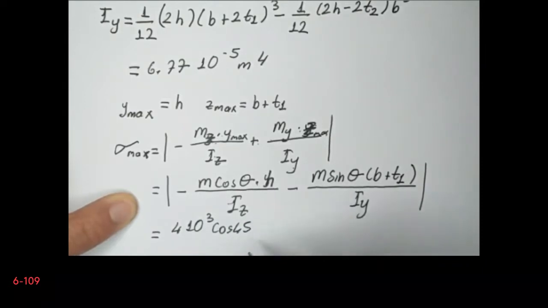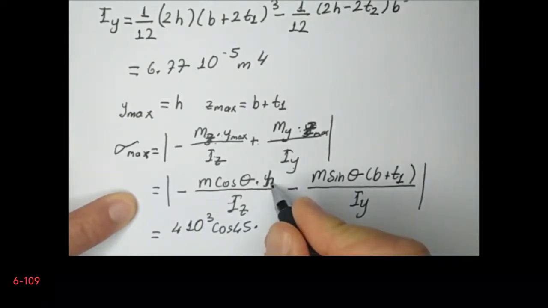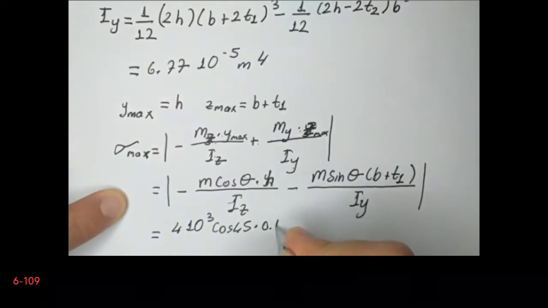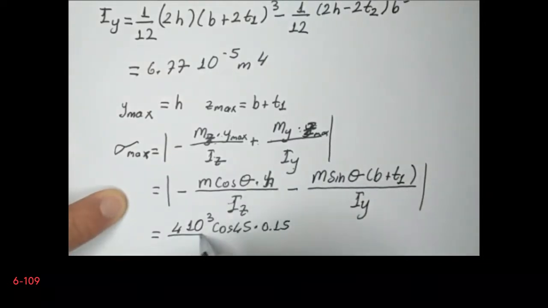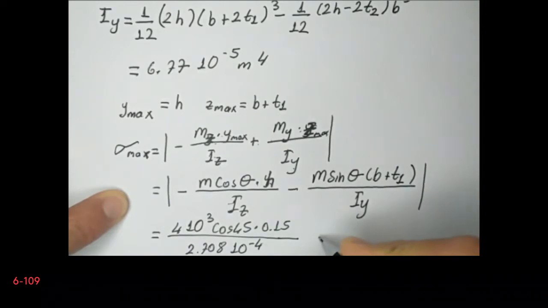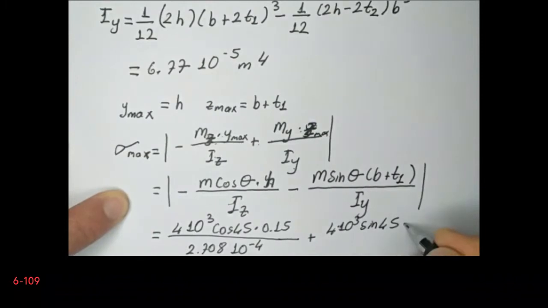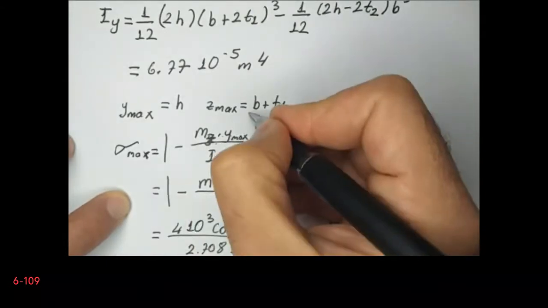H is equal to 0.15, divided by Iz. Iz is equal to 2.708 10 to the power minus 4 plus 4 10 to the power 3 multiplied by sine 45 multiplied by b plus T1. Sorry, this is b divided by 2, by the way.